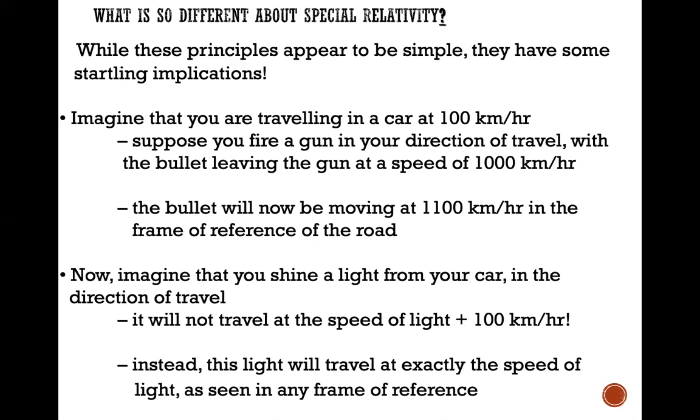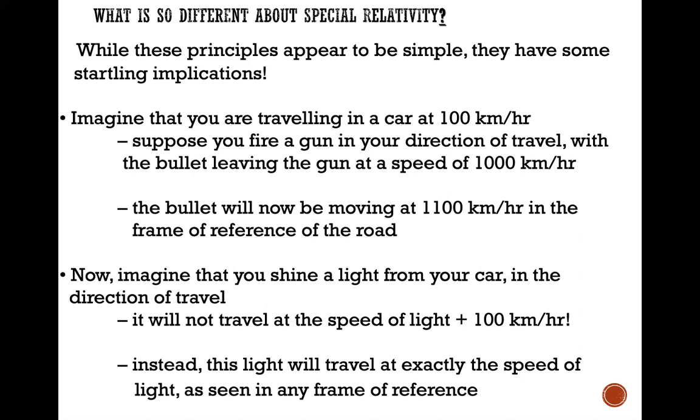Let me give you an example. Imagine that you are traveling in a car at 100 kilometers per hour, and you fire a gun in your direction of travel, in the same direction that you are traveling.